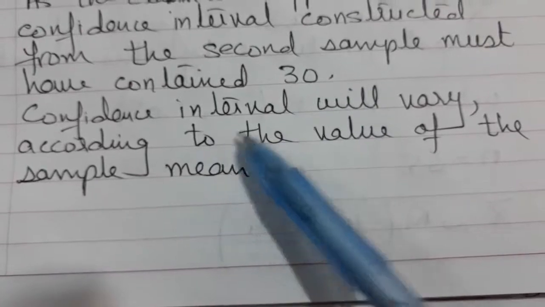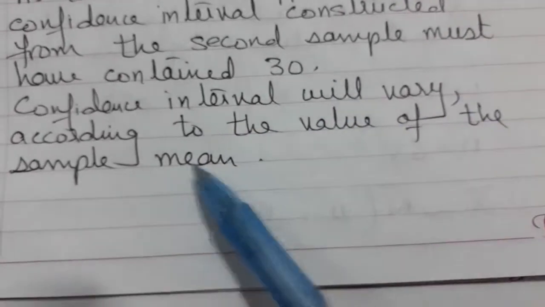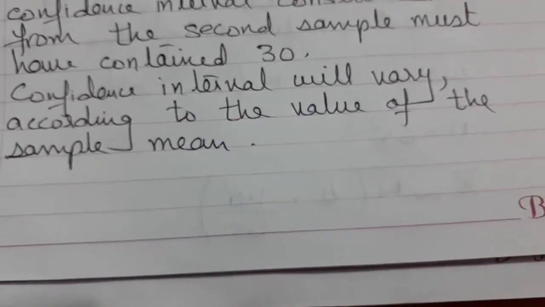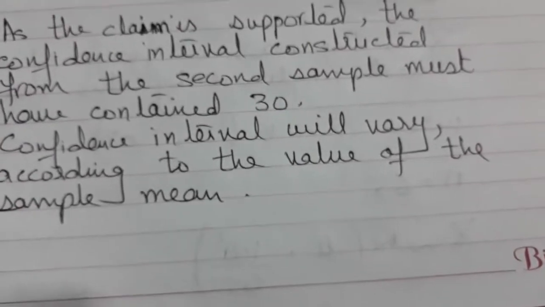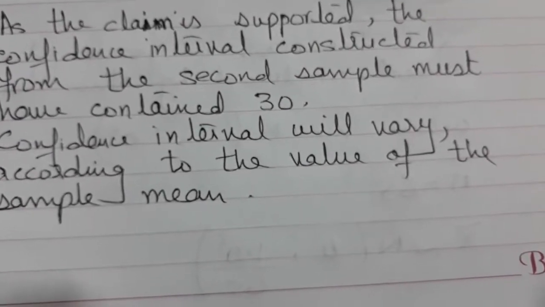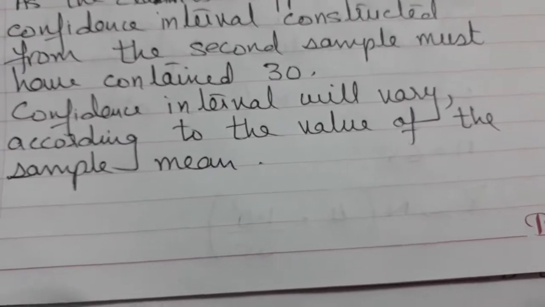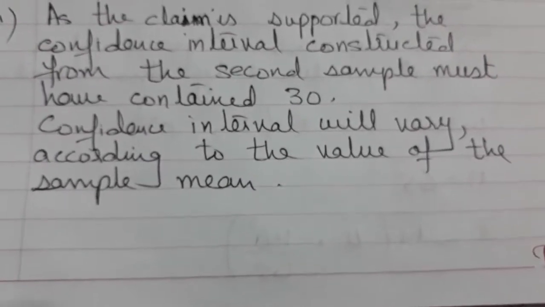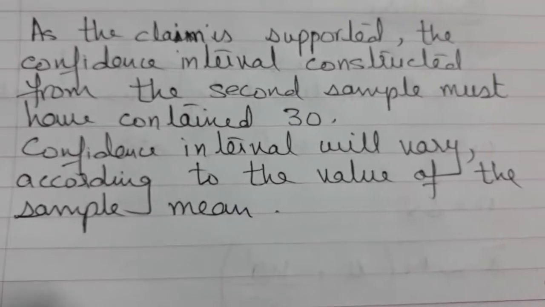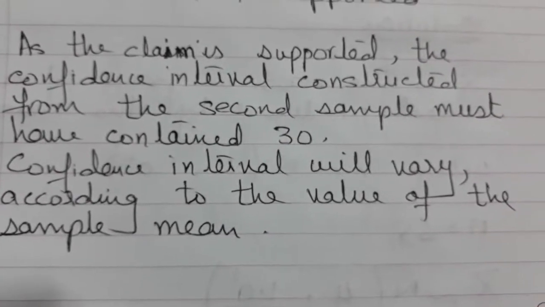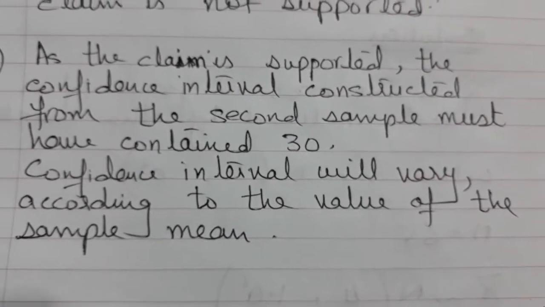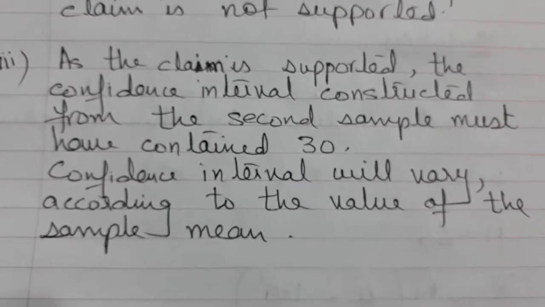So you can say the confidence interval will vary according to the values of the sample mean, because the question was asking how it is possible. So you have to explain that because the sample will vary, it will make the confidence interval vary, and that's why the population mean will lie between the range, right? So this is how you will explain.